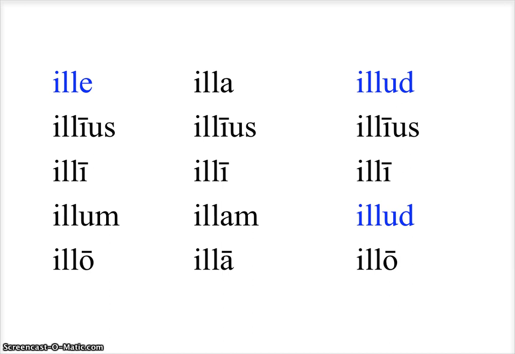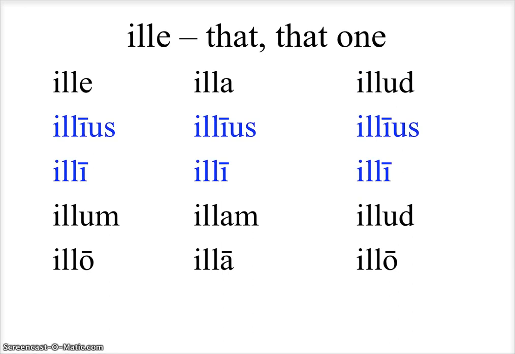These are forms to focus on. Once again, the genitives and the datives are unusual. Illius, illius, illius. Not altogether different from huius, huius, huius. And the dative singular forms, these are going to be tricky. Illi, illi, illi.